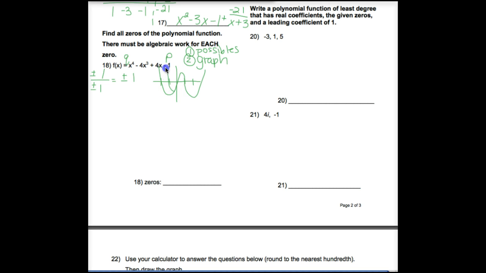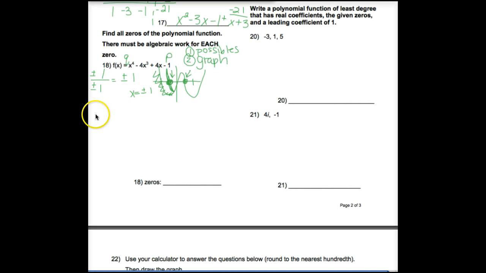Let's pretend that I drew this right. It actually goes through here, not there. So this one's in between, that's not one that we want. This one's in between, so we don't want that one either. These are the two that are on integer values. So that means positive and negative 1 are my options.